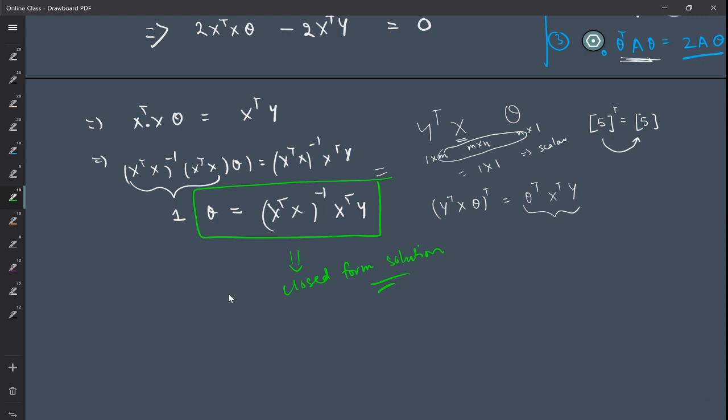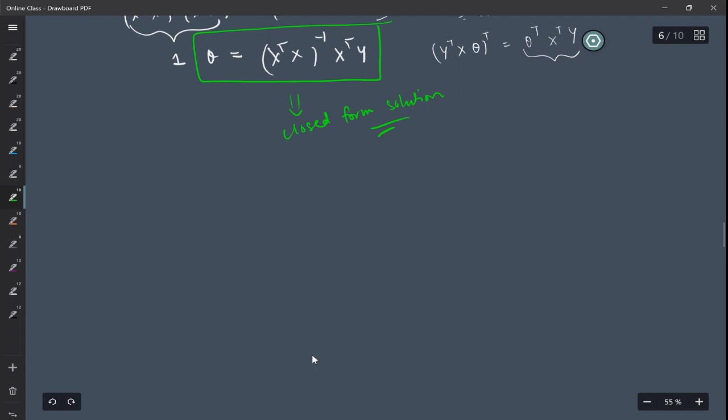So one thing which I want to talk about is when it would be useful to use this kind of an equation, right? So let us make a comparison between gradient descent and the closed form solution, right? Okay, so gradient descent is an iterative approach, and you need to figure out what the learning rate is, right?